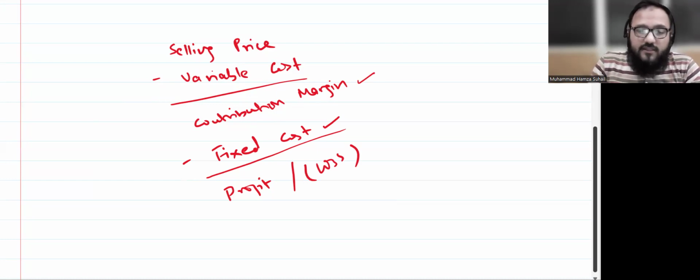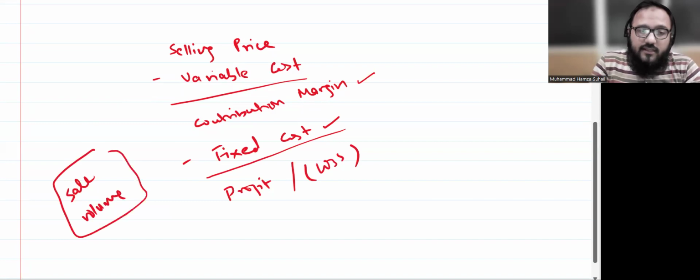This is basically the sale volume of the organization, how many units it sells, how much revenue it is collecting in total, and how much total fixed cost of that organization is. So in order to avoid loss or to make a desired profit, the organization needs to know how much sale volume it needs to sell.